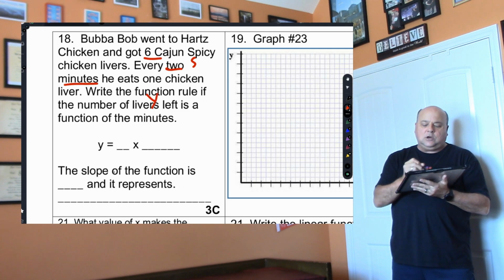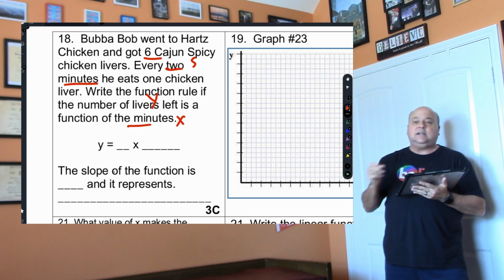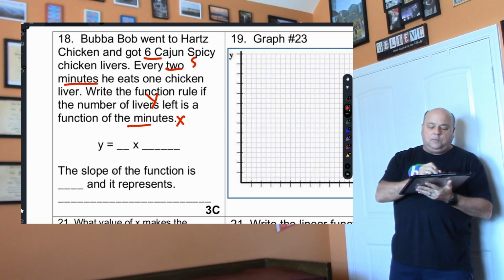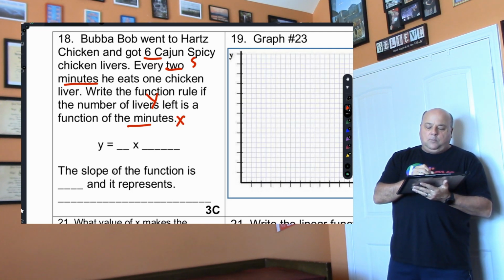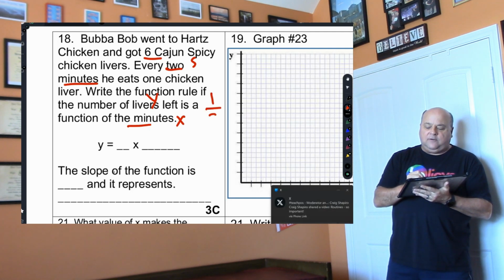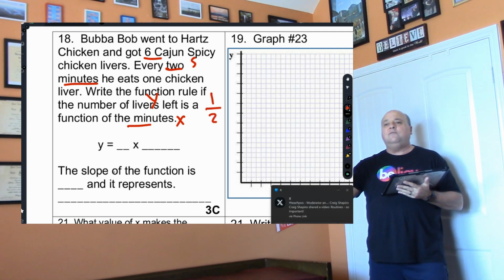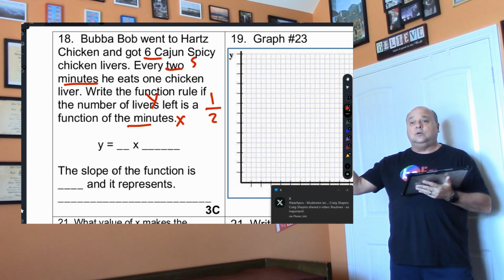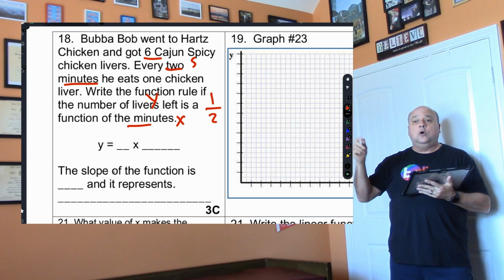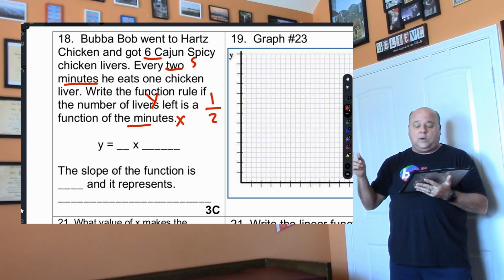So y is our livers and the minutes is x. Now then, let's make our slope here. The number of livers is going to be 1 and it's every 2 minutes. So every minute he's eating half a liver. Does that make sense? The slope is not negative 2, it's going to be negative 1/2.